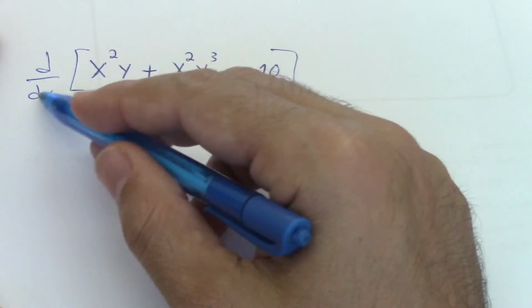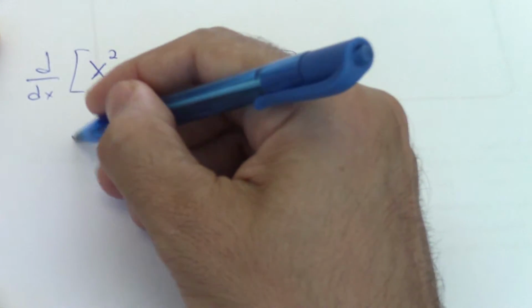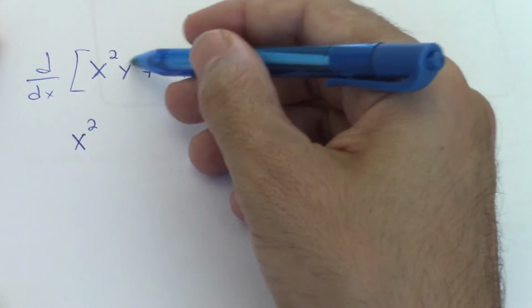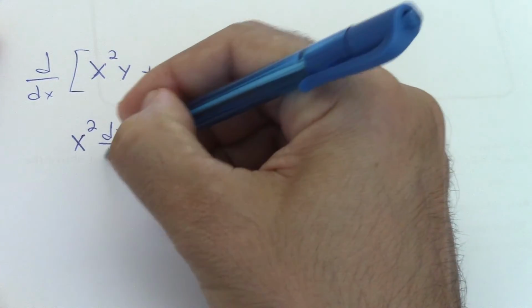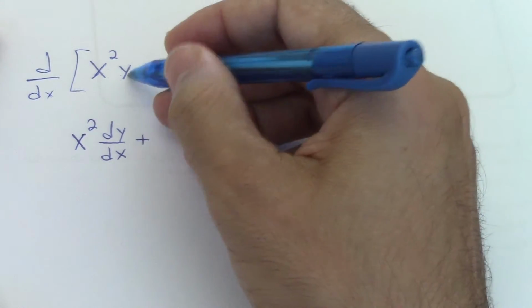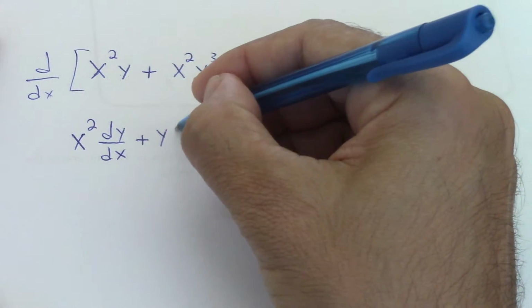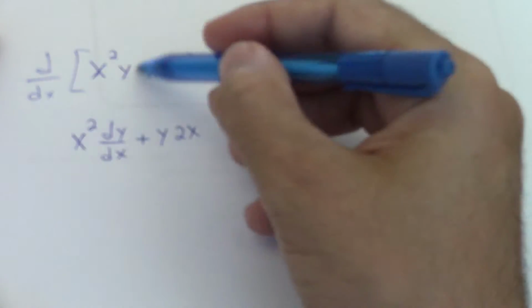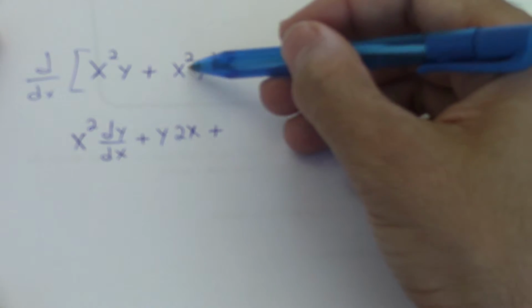Okay, d/dx, we take the first one, x squared, times the derivative of the second one. The derivative of y is dy/dx, because the variables disagree, plus the second one times the derivative of the first, 2x.